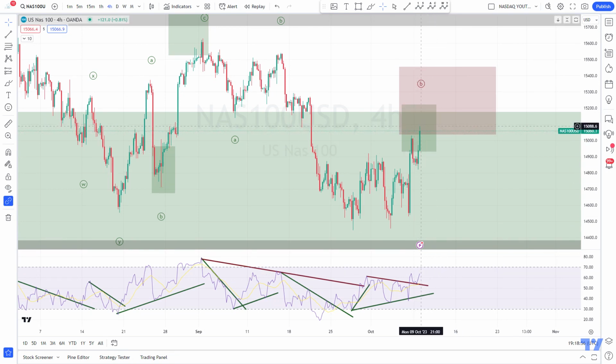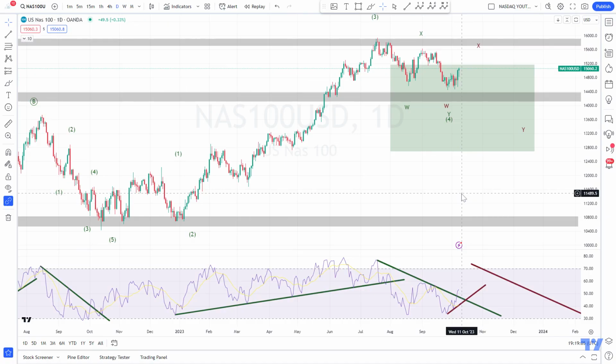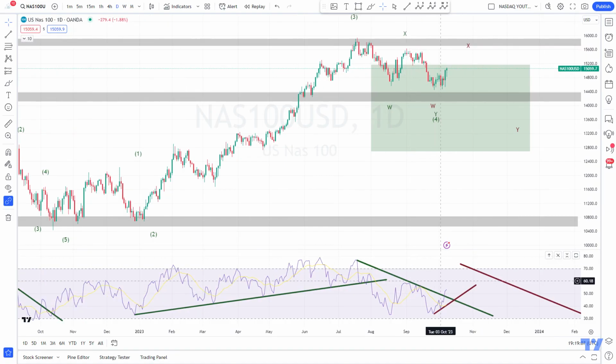If this is a corrective move, then we can easily go down here in the 4 hour as well. In the daily, we broke this RSI trend line now, so it looks like we are no longer here in a bearish cycle. That would also favor the bullish scenario.